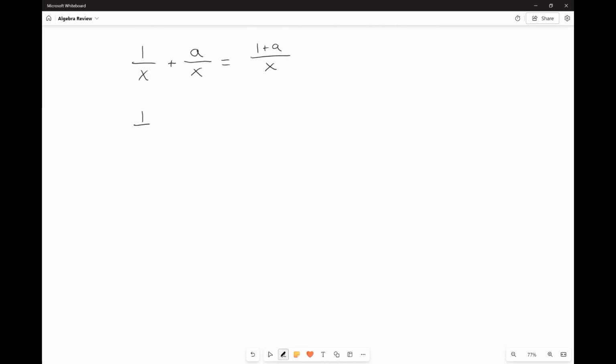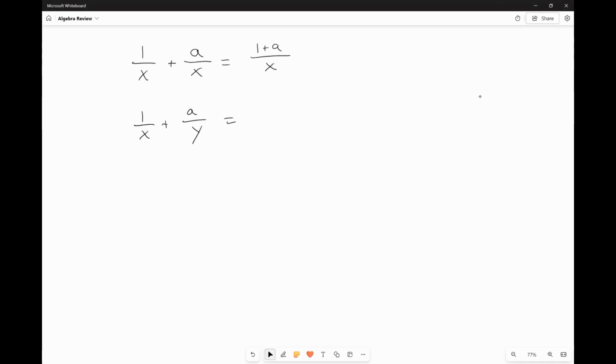But if they have different denominators, then you can't just add them together. This does not equal 1 plus y over x plus y, or 1 plus a over x plus a. It does not equal that. What you would have to do here is do some algebra to make the denominators of the two fractions the same.